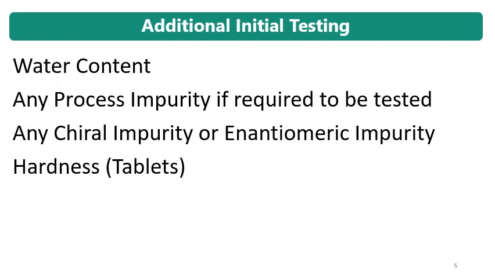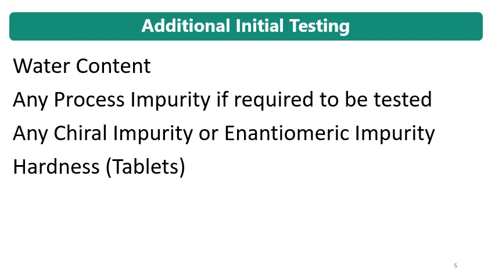Now additional testing is also performed at the initial stage. The additional tests are performed to understand whether there is any impact of the manufacturing process, and also these additional tests will help you to understand the product behavior during the stability and shelf life.